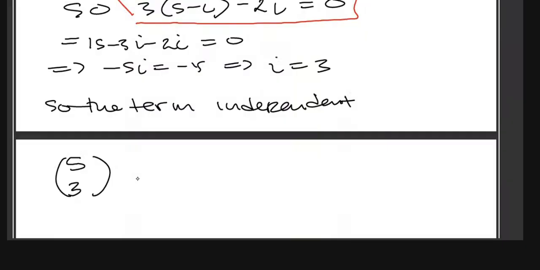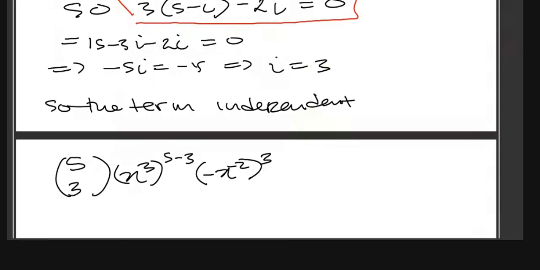Then you're going to say it will be x to the power 3. Okay, then you are going to say 5 minus 3, and then it will be negative x to the power -2, then you're going to have i to the power 3. Okay, so this is the term.